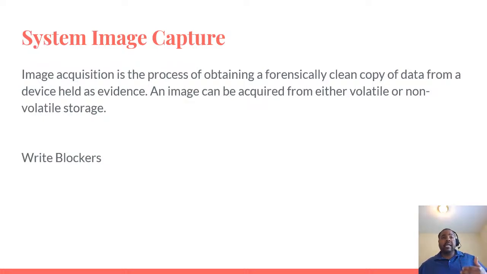Because if it goes into a court of law and they can prove that you opened something by mistake while looking for something or doing forensics on the machine, then they can end up throwing that whole machine out because it's been tampered with. So that's why we use system captures, and that's why we use write blockers, to avoid that.